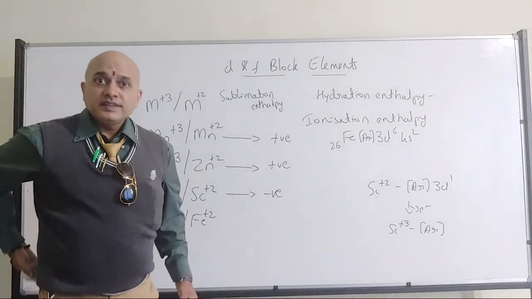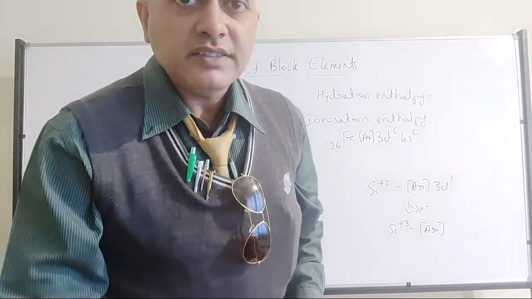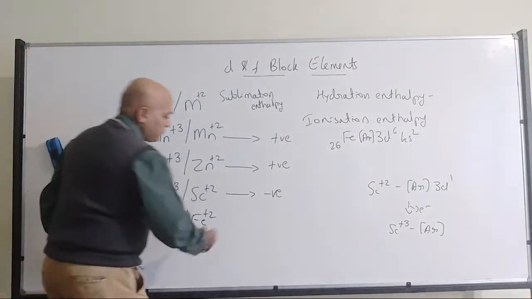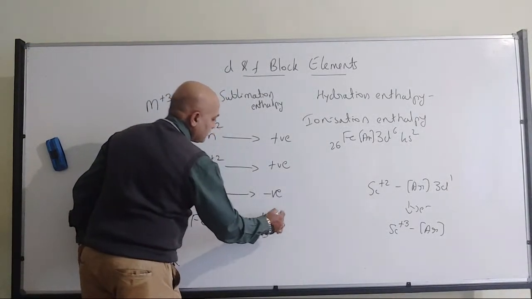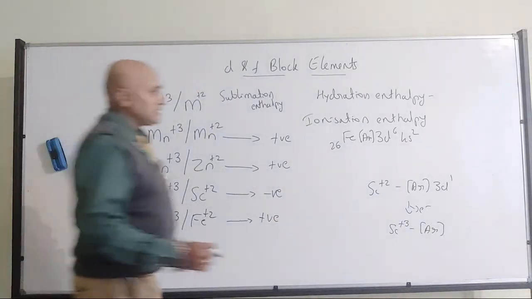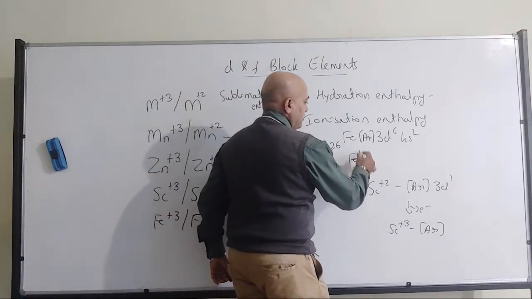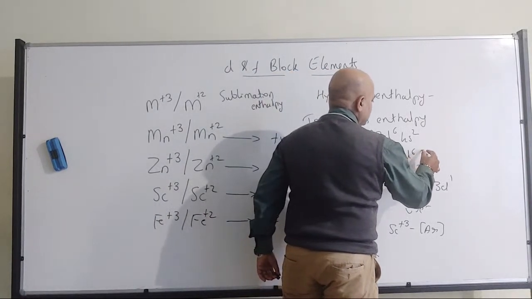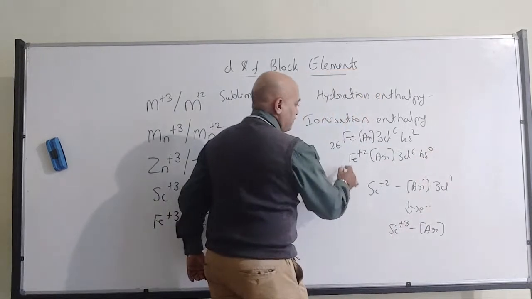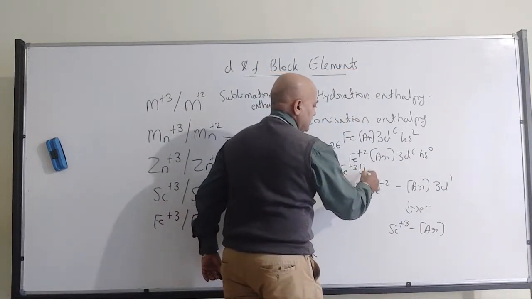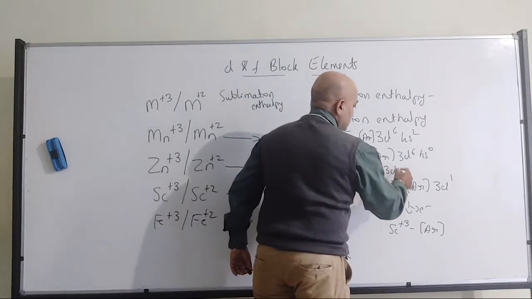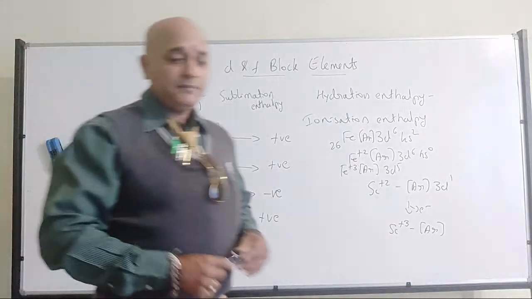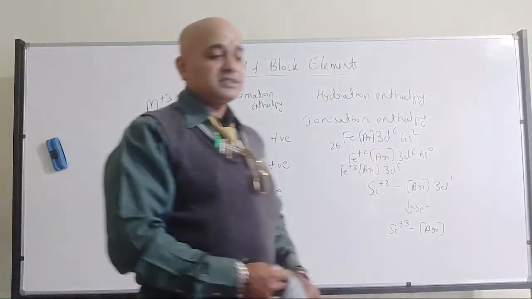Ravikant says positive. Okay, according to Ravikant, it should have the positive value. Why positive value? If I am talking about Fe plus 2, it will become argon 3d6 4s0. If I am talking about Fe plus 3, argon 3d5. So that means it is attaining stability, right? Fe plus 3. Then why should it have the positive value?